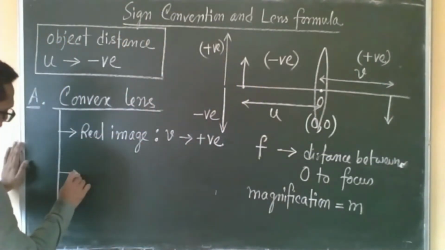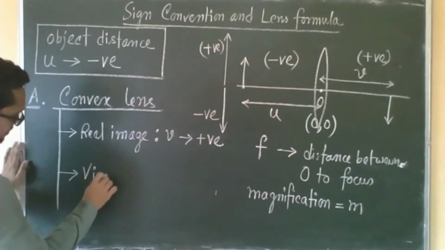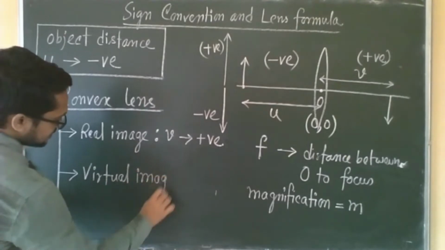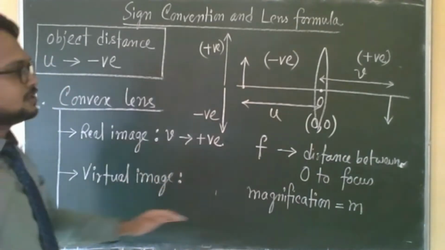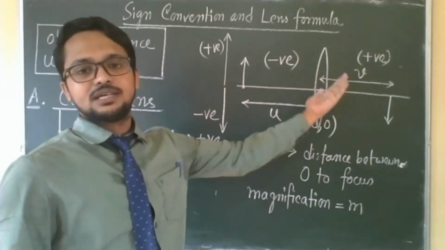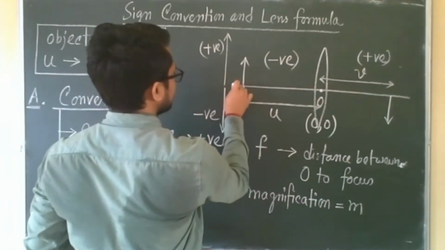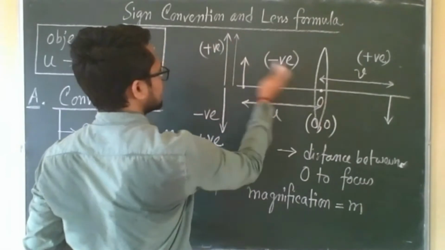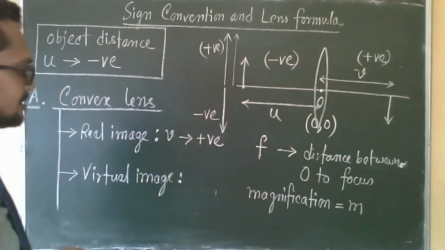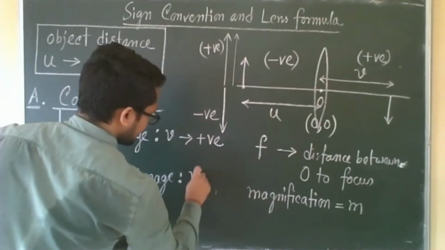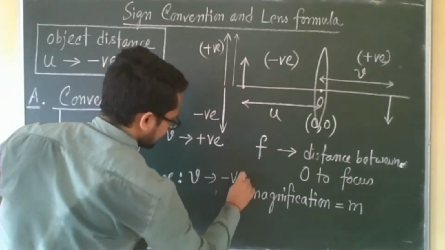And if it is a virtual image, it is formed on the same side as the object, that means on this side. In this case, the virtual image will be formed like this, to the same side of the object, which means to the left side of the optical center. That means for a virtual image, v will be negative.